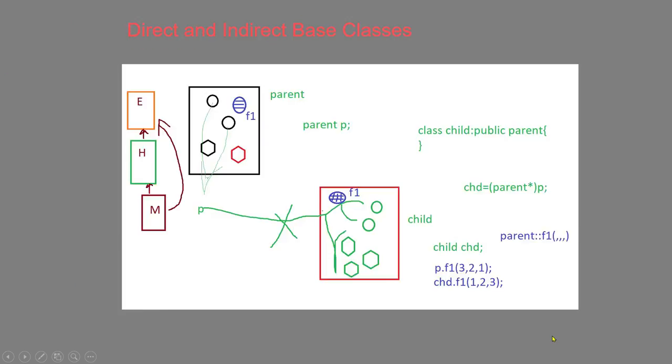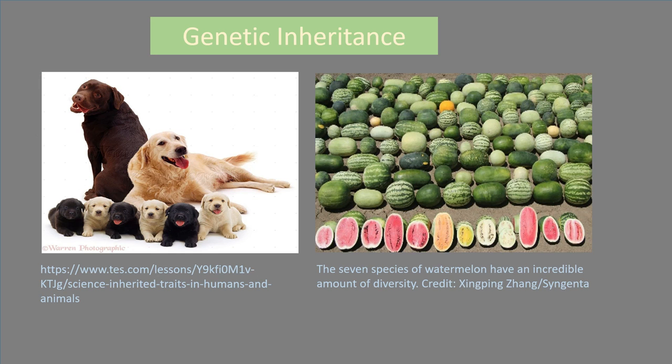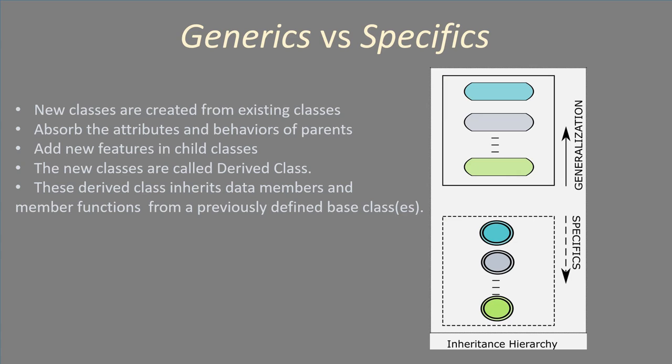Just to recap what we have studied in this class, we studied inheritance, the genetic inheritance we normally see in our daily lives when children have properties resembling their parents. We also discussed generics versus specifics.